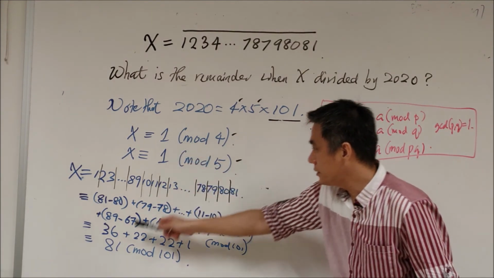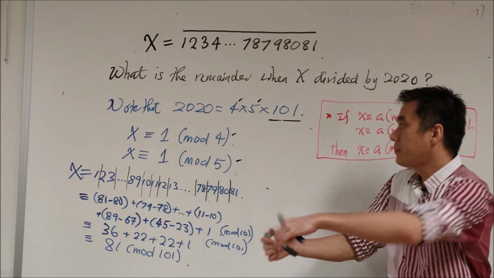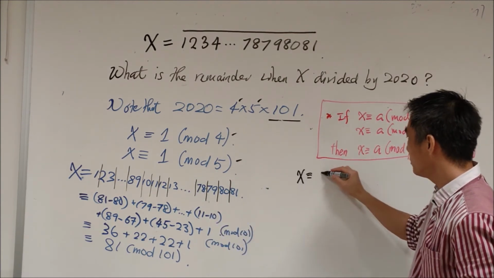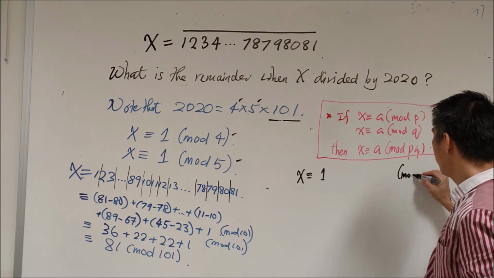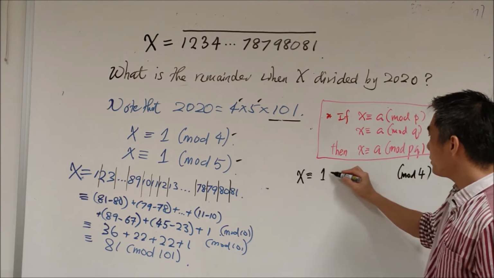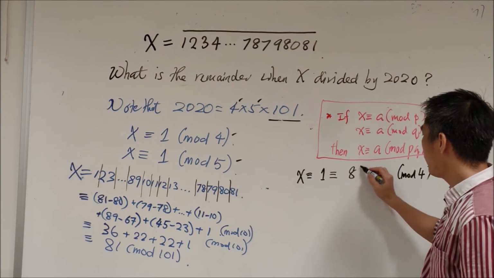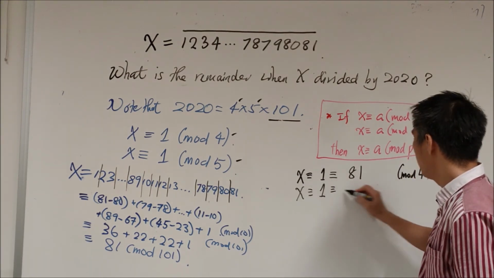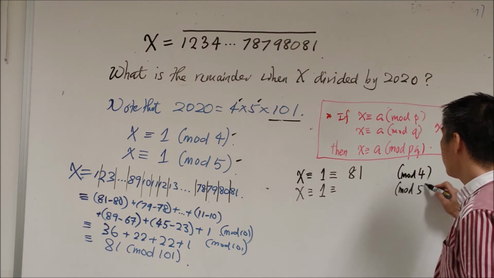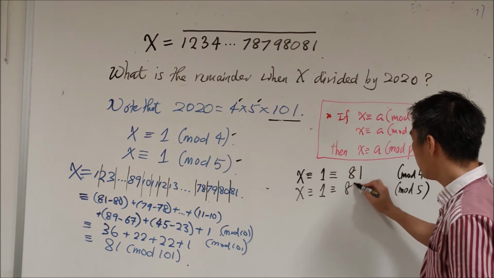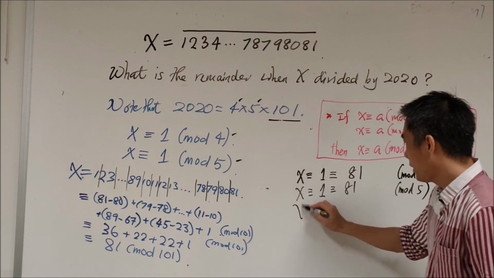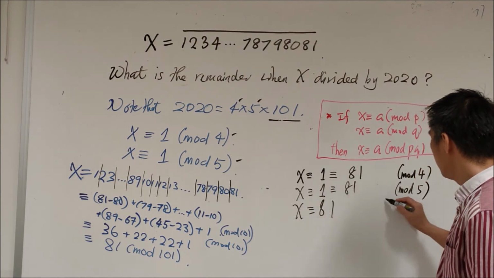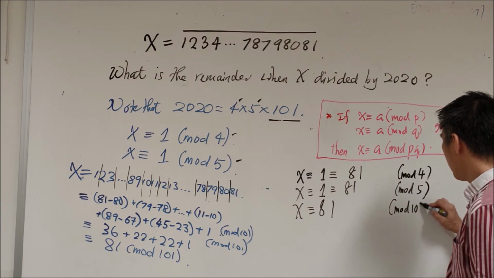Here the values are 1, 1, and 81, so they are not the same, but x being congruent to 1 mod 4 actually means that it is congruent to 81 mod 4. It's the same for mod 5: x is congruent to 1 mod 5, and also congruent to 81 mod 5. And finally, x is congruent to 81 mod 101.